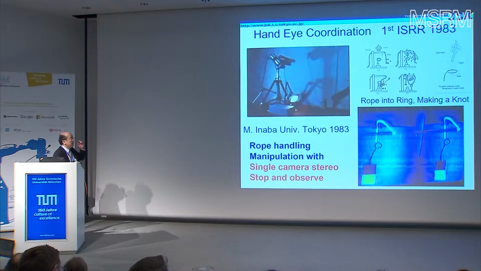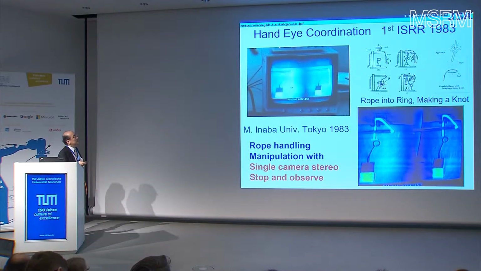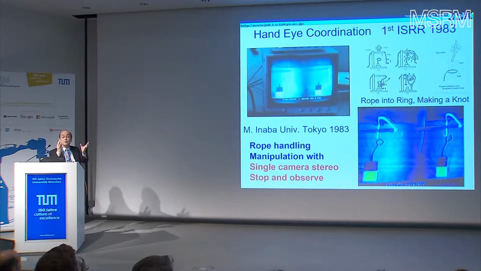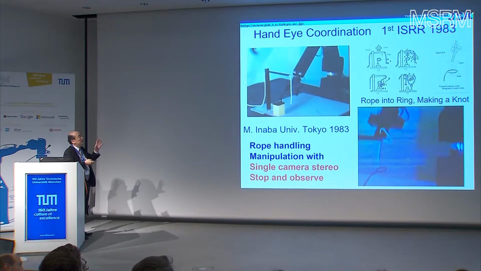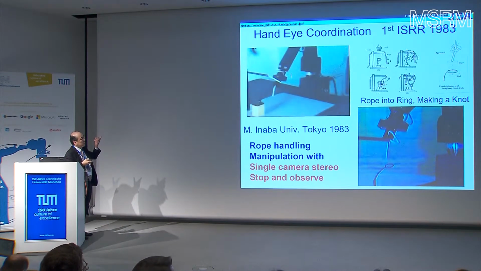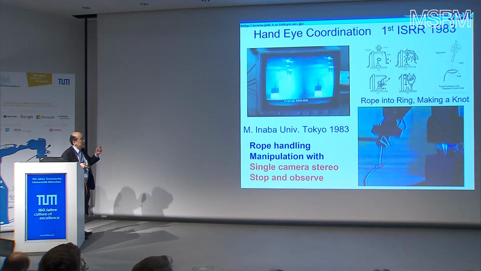Then I became a student in 1981. He was an associate professor in our lab, and we did this kind of hand-eye coordination using a single camera and a single manipulator to make a nut.